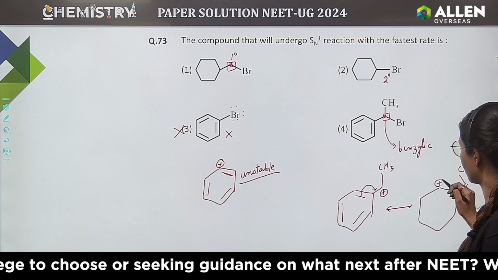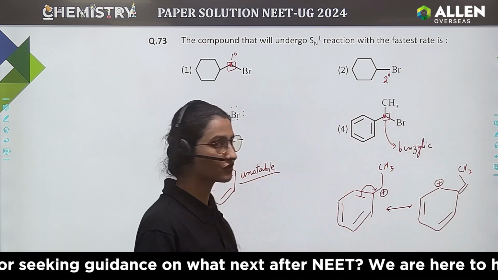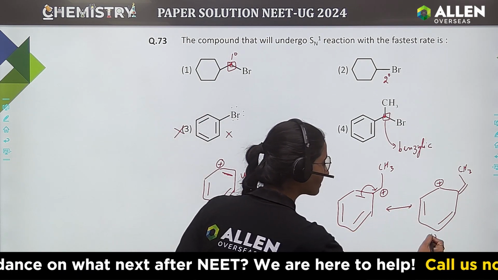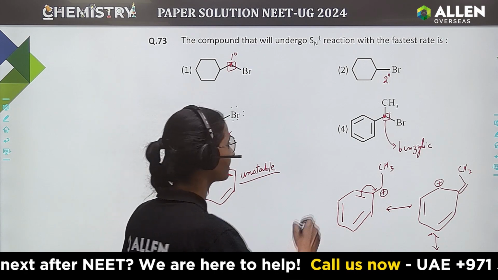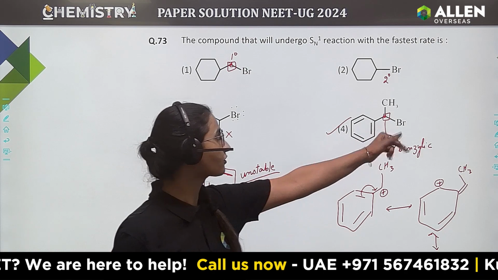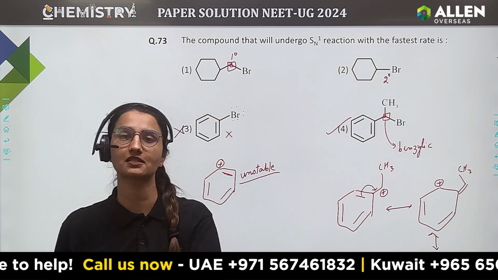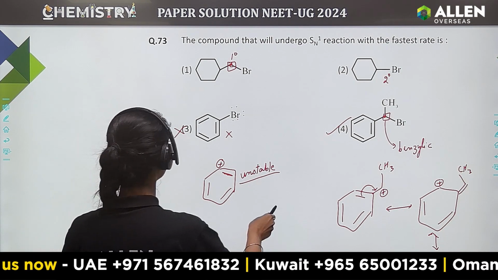Positive charge here. And likewise, we can further draw resonating structures. So this positive charge is delocalized in ring. It is stabilized due to resonance. So it is a highly stable carbocation after loss of Br. So it undergoes SN1 reaction fastest. Correct? Right.